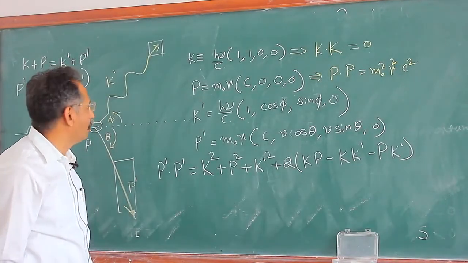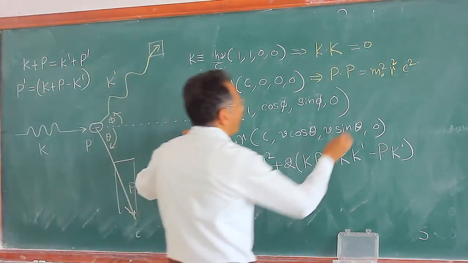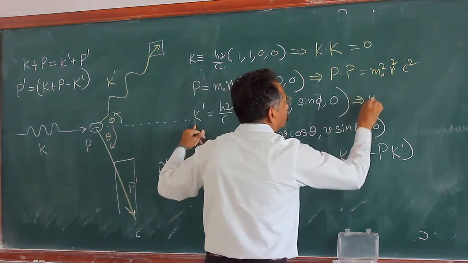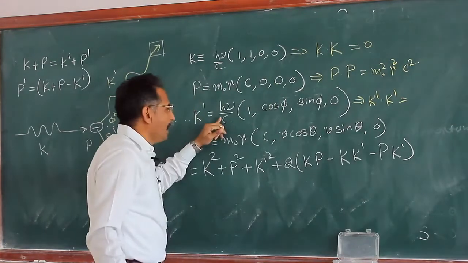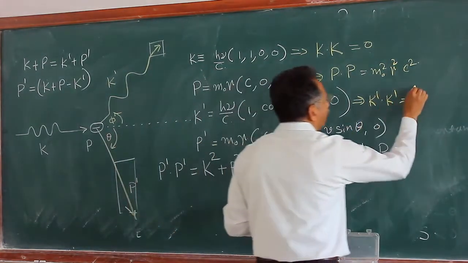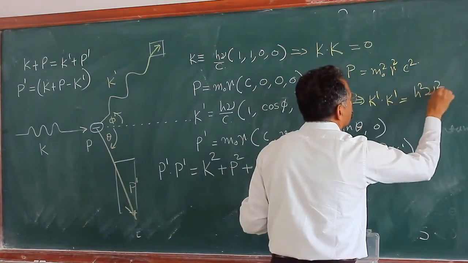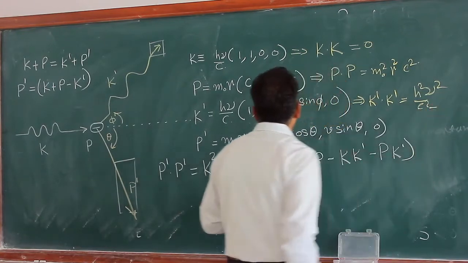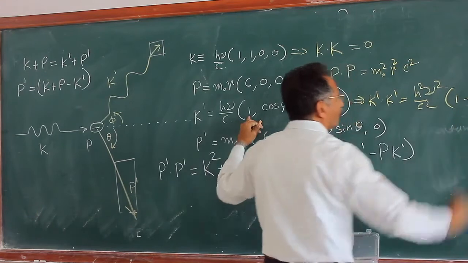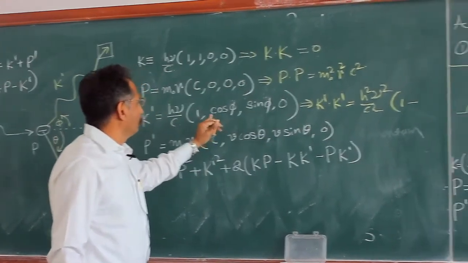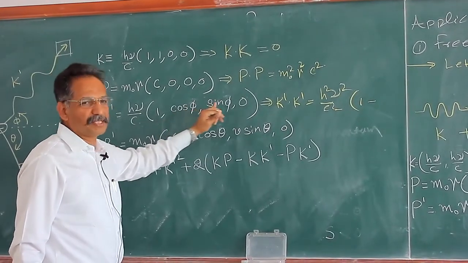Okay, that will be c square. Then k dash dot k dash, h square nu square by c square, 1 minus cos square plus sin square.